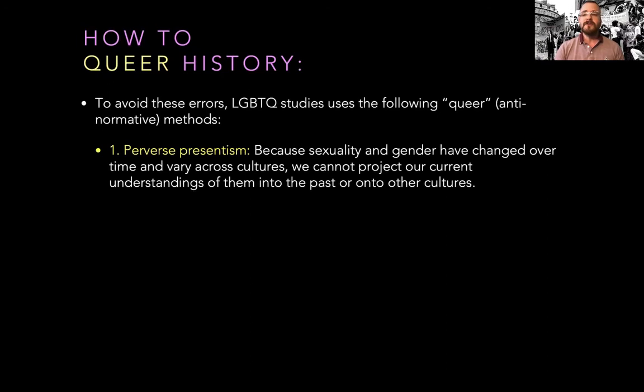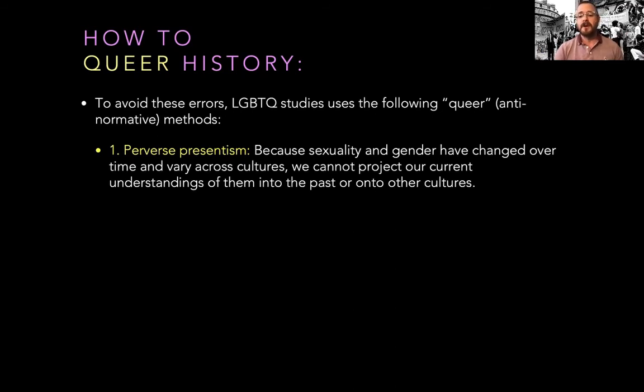The first of which is something called perverse presentism, which is something that we're going to try to practice in this class. It sounds complicated, but it's really just an approach where we keep in mind that because sexuality and gender have changed over time, and because they vary widely across cultures and geographies, we can never really project our current understandings of them into the past or onto other cultures.